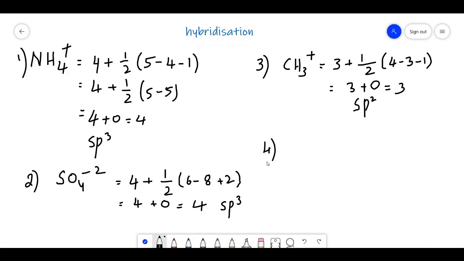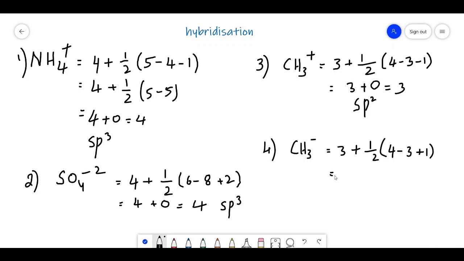Last example, let us take CH3-. In the CH3-, it is 3 plus half into the group number of carbon, 4, minus 3, and whenever a negative charge is there, you have to add plus 1.